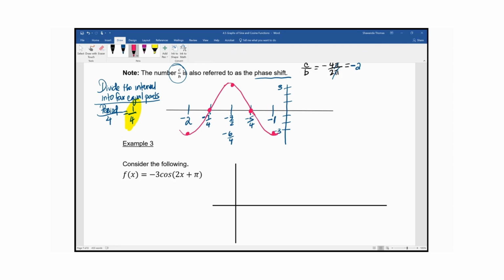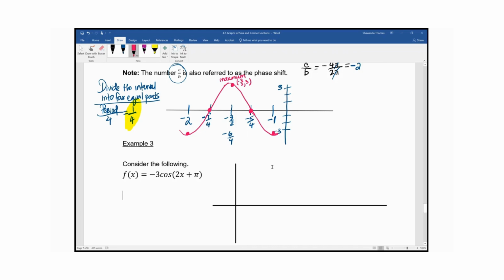All right, what is the maximum? -3/2, 3. X-intercepts, someone other than the max.